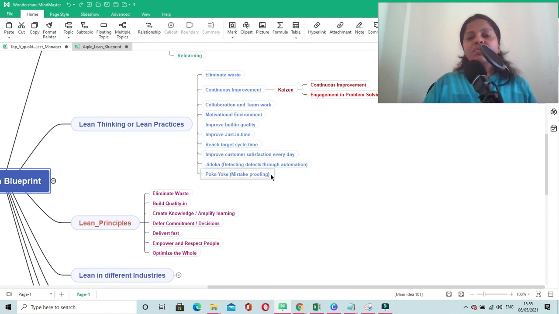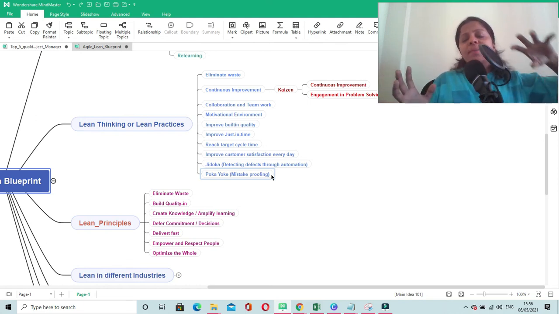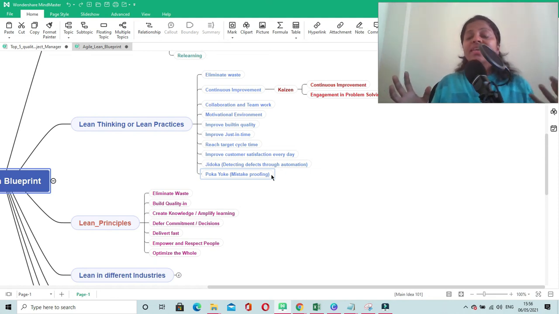Pokayoke is mistake proofing. Pokayoke again says you have to avoid mistakes. For example, in an e-commerce application, you have to implement a lot of validations at each and every place. For example, if a person is searching for a product, the application has to show that customer whether this product is available in his location or not, so that the person will not buy that product.